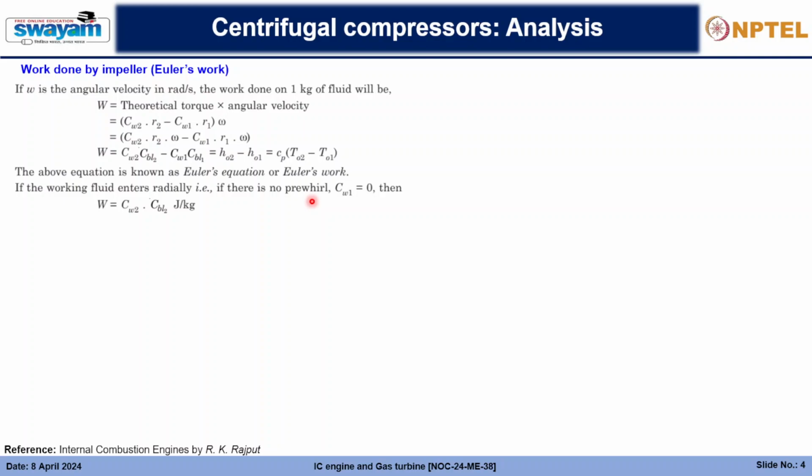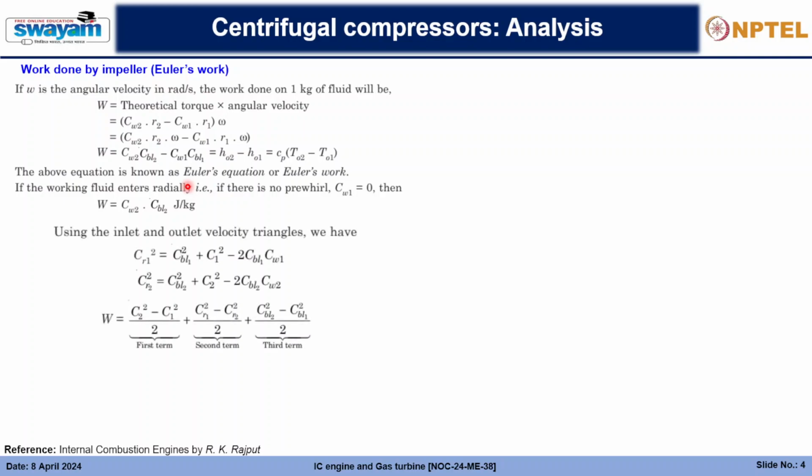So that is the whirl. And if the fluid enters and there is no whirl in that, no kinetic energy is wasted on the whirl, then the work done will be Cw2 Cbl2, and that will be the maximum work that we can derive. So our intention will be that there should be no free whirl as the fluid enters into the compressor impellers.